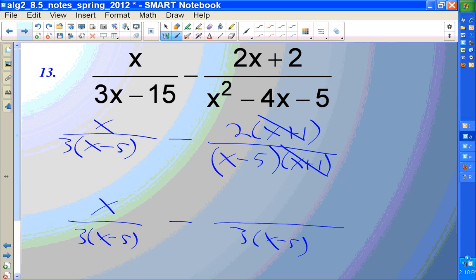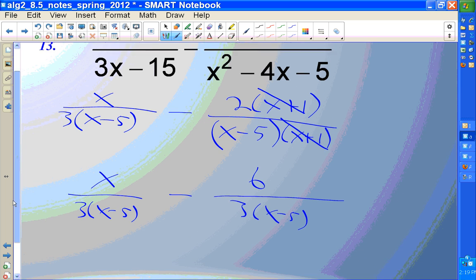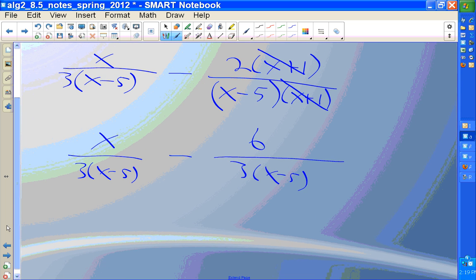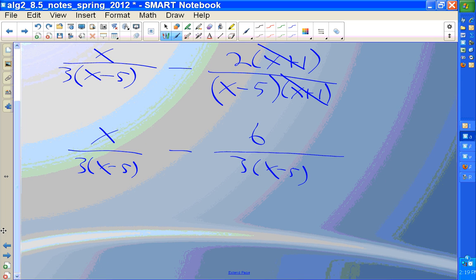What do I have to do to get to 3x? Multiply by 3, top and bottom. So I have 6 over 3 times x minus 5. That's where you don't want to cross cancel, because then you'll be back to the line above. So we end up with x minus 6 over 3 times x minus 5.